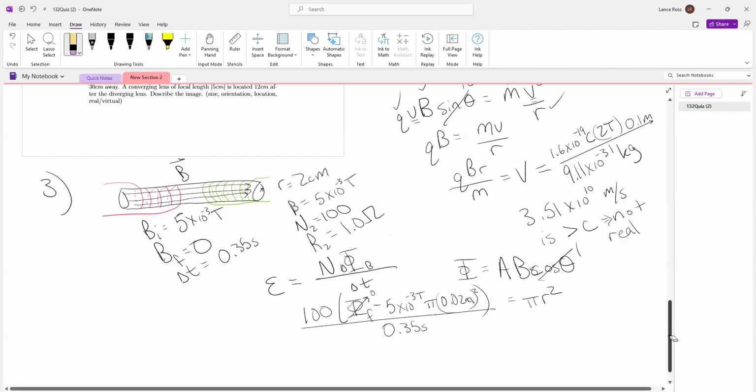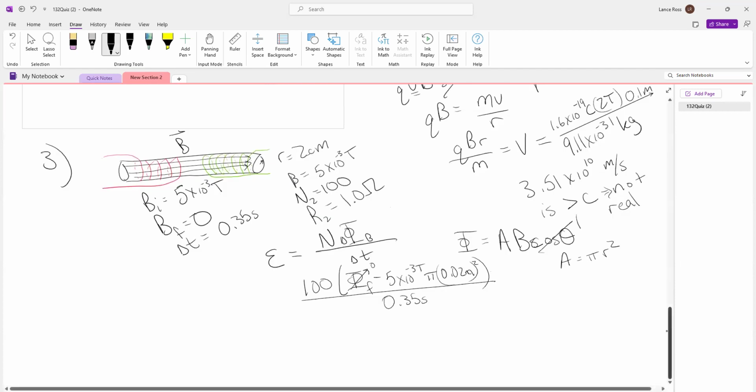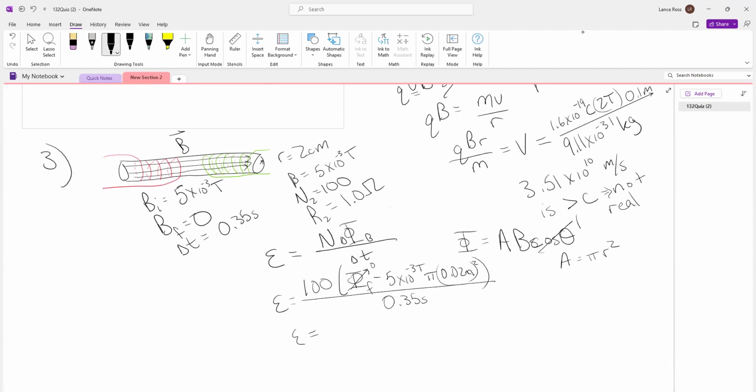Let me move this over a little bit. It's in the way. All right. And we're ready to plug in and find our EMF. So our EMF is going to be 100 turns times 5 times 10 to the minus 3 Tesla times pi times 0.02 meters squared divided by 0.35 seconds.